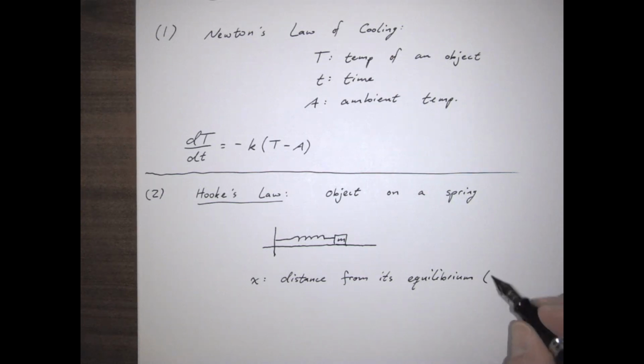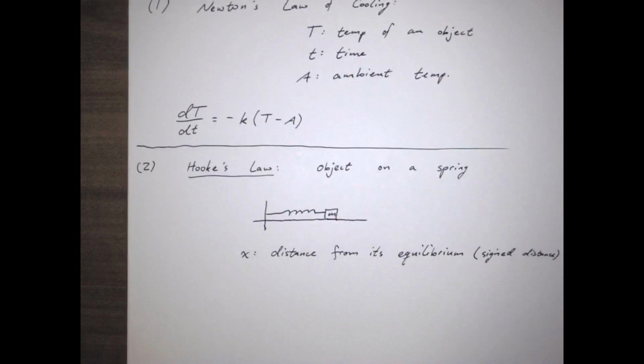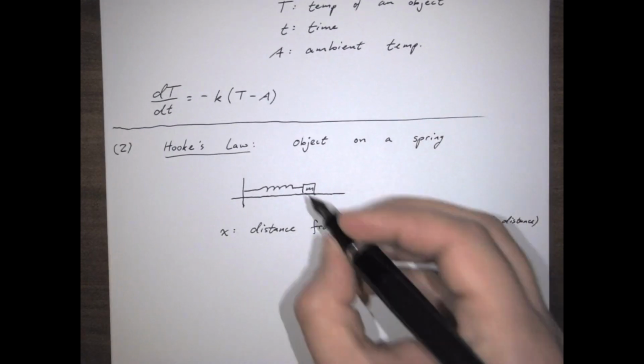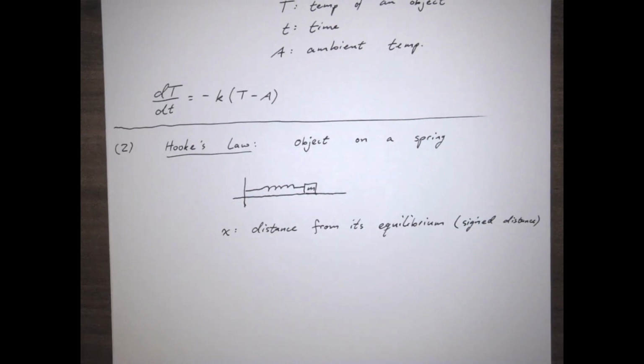And this is a signed distance. So x can be negative or positive to indicate one side or the other. It doesn't really matter which one you choose to make it. You can make it distance past the equilibrium, or you can make it distance before the equilibrium.